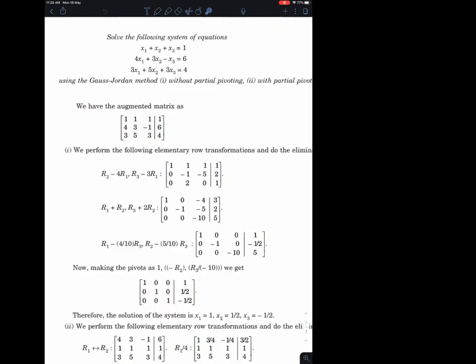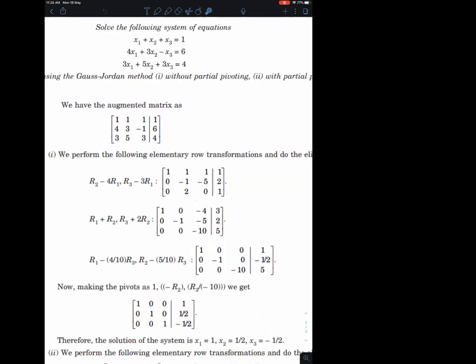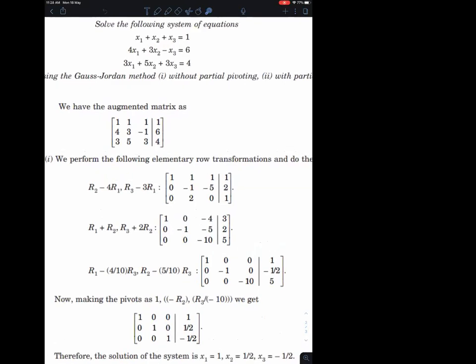Here, first you must be able to put the matrix in the augmented form like this. See, the coefficient of x1 is 1, the coefficient of x2 is 1, the coefficient of x3 is 1, and equals 1, so you put 1. The equal sign 164, you put here 164. Then you put a line there. And then you go to row number 2.